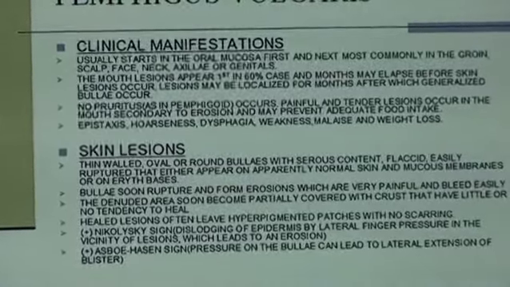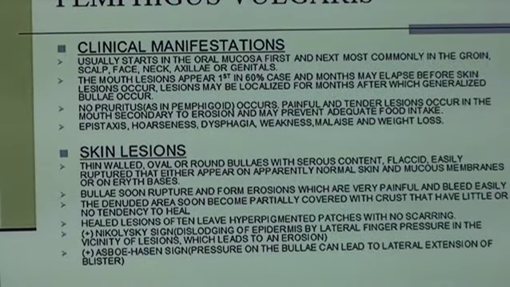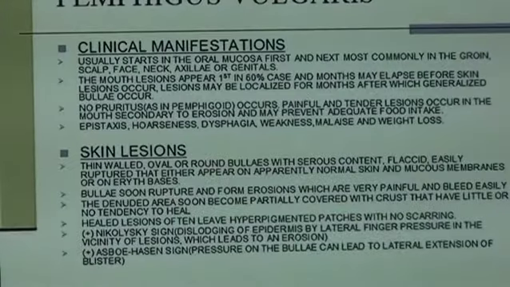In terms of diagnosis, direct immunofluorescence is performed on two biopsies, one from the edge of a fresh lesion and a second from an adjacent normal area, showing IgG and often complement C3 in the intercellular substance of the epidermis.